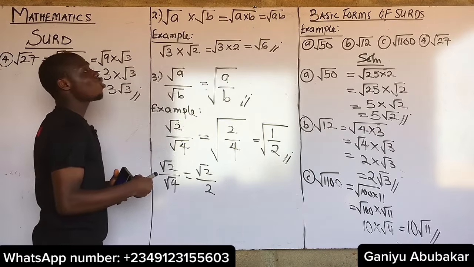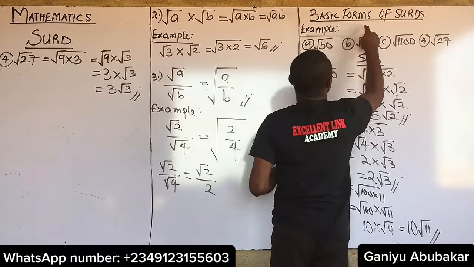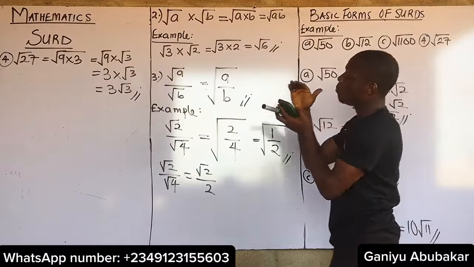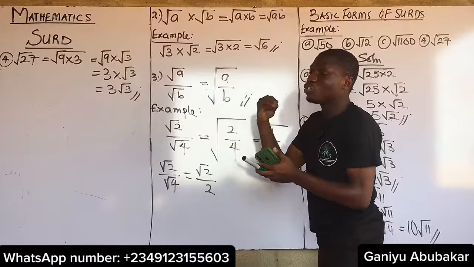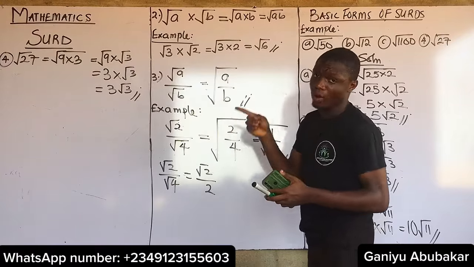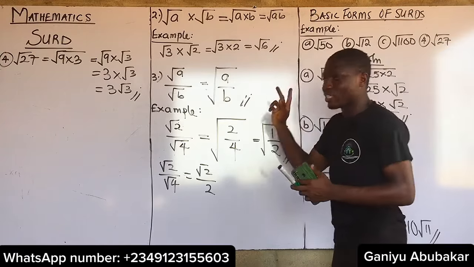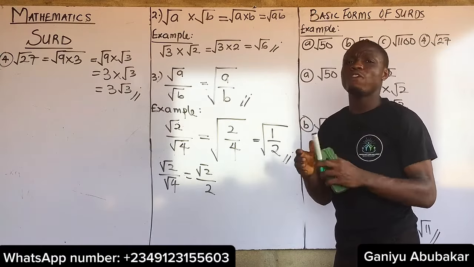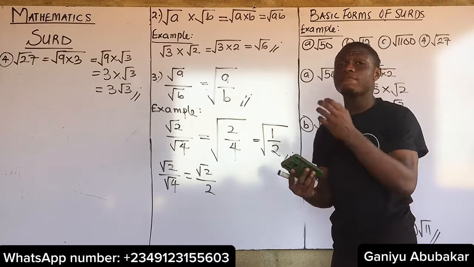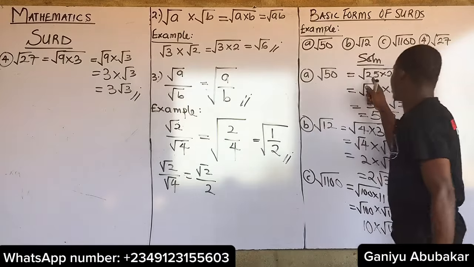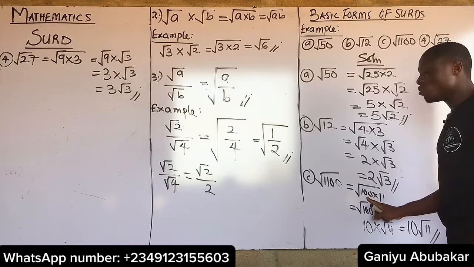We said when it comes to basic form of surd, the idea is that we're breaking down a surd into its simplest form. That's number one. The second thing to note is that always look for a perfect square number, like 9, like 25, like 4, like 100.